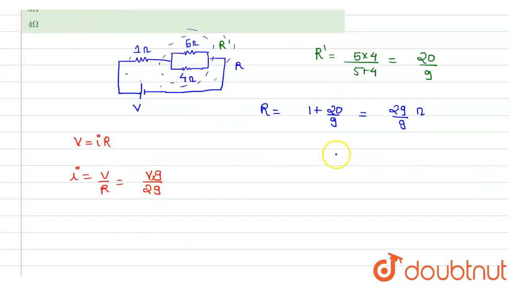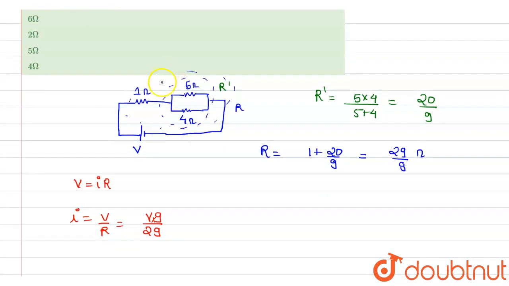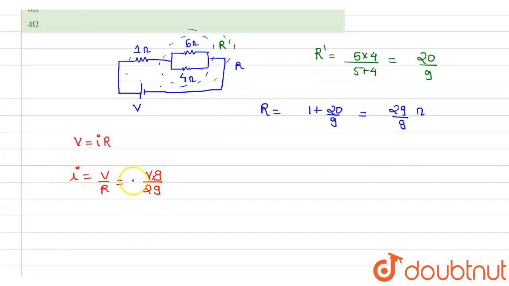Now we have to find the voltage across the 1 ohm resistor. The current through the 1 ohm resistor is 9V by 29, so the voltage across 1 ohm will be 9V by 29 only.